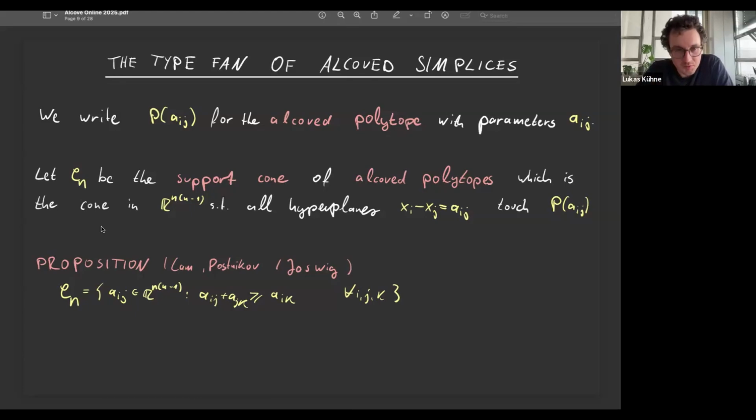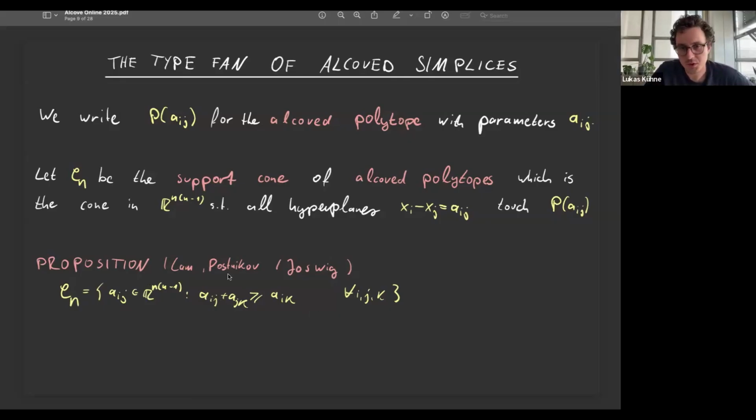And a proposition, which was proved by Lam-Postnikov, also by Joswig, and which is maybe well known in this community, is that this support cone has a very concrete and nice description. Namely, it's what is also called the metric cone, the set of parameters a_ij that satisfy the triangle inequality. Namely, you want a_ij plus a_jk greater or equal to a_ik.